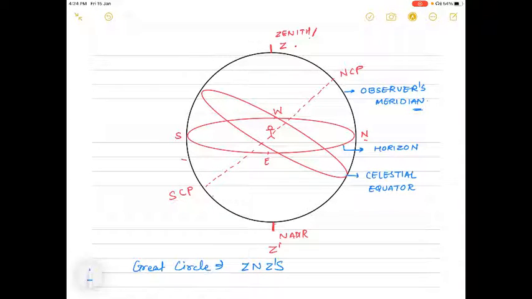Now the celestial equator intersects the observer's meridian, and we denote those points as R and T. Okay. Now we suppose that the star is located over here somewhere.